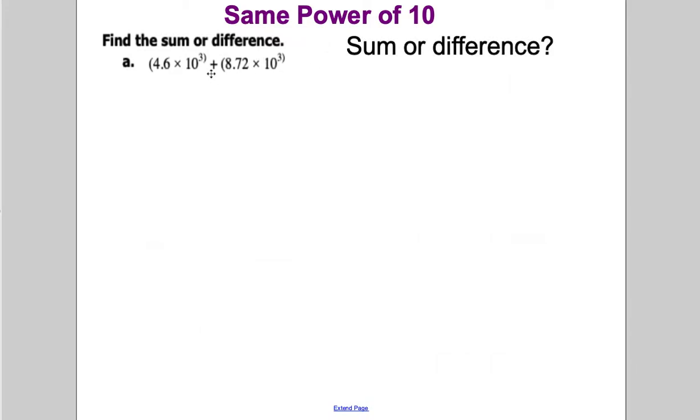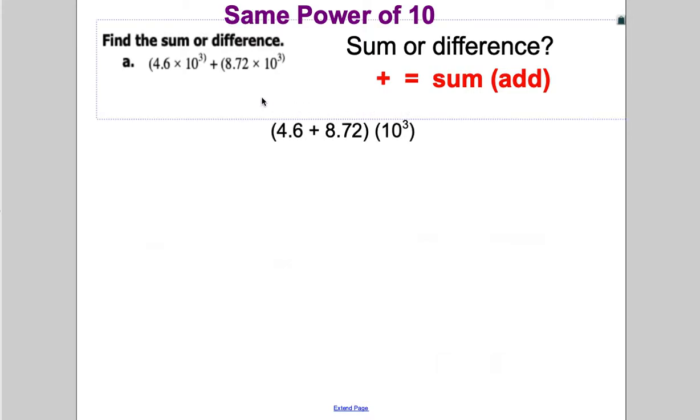So first thing you want to do is, it says find the sum or difference. What is the sum or difference? Well, sum means to add, and in this case it's an addition problem. So we are finding the answer by adding. So let's start out with our problem, and what we wanted to do, as I had said before, was add the factors only. 4.6 and 8.72, add those two together.